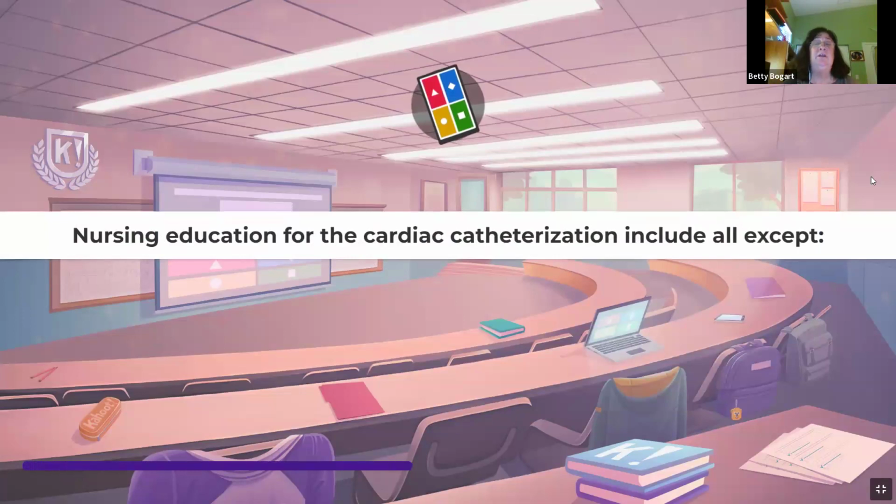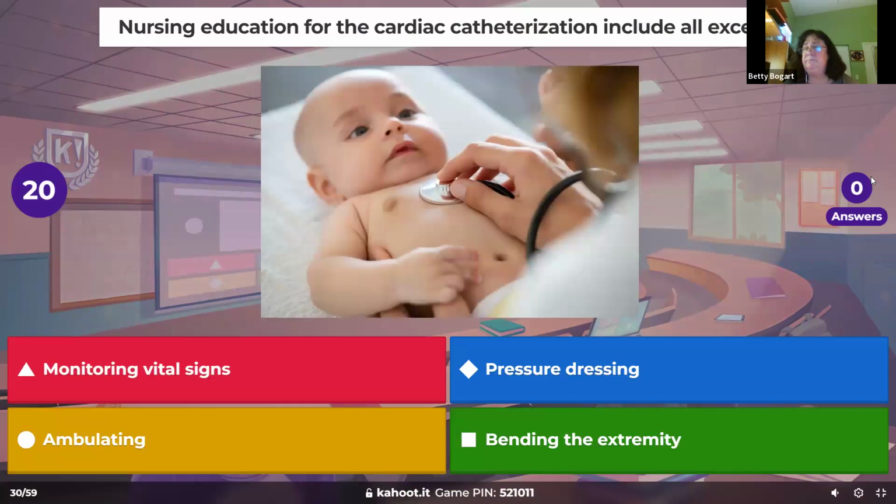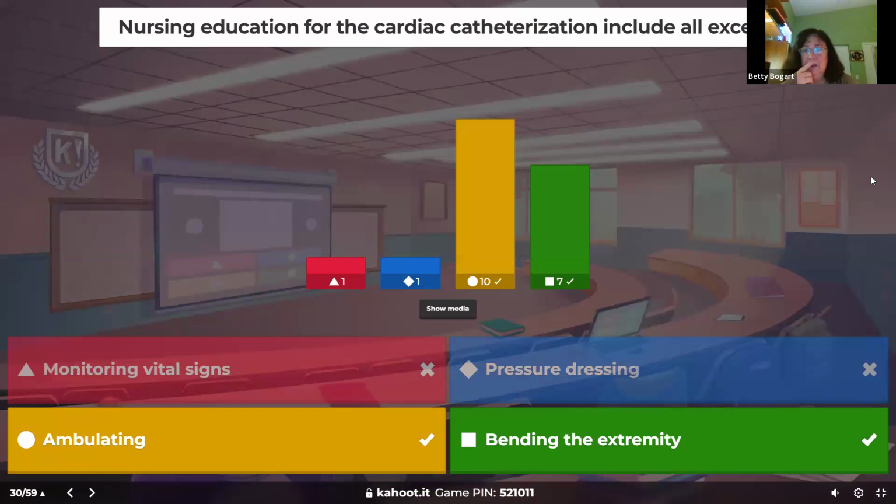Nursing education for the cardiac catheterization include all except. And we know they can't ambulate and they can't bend that extremity. Very good.